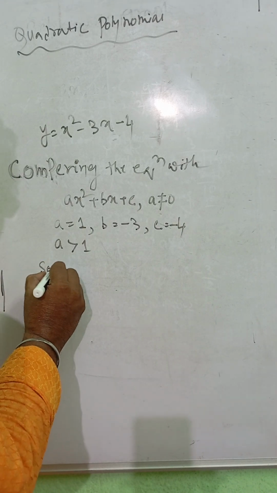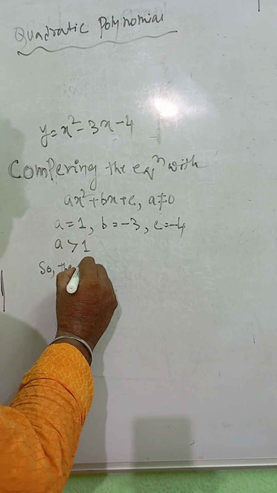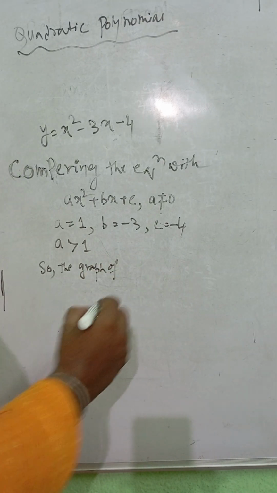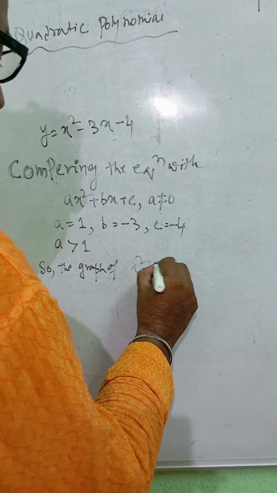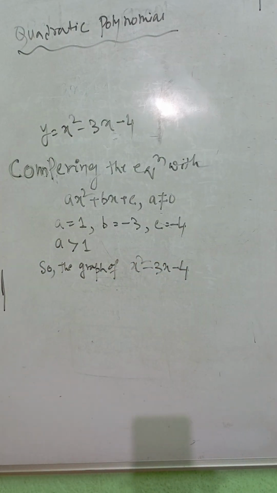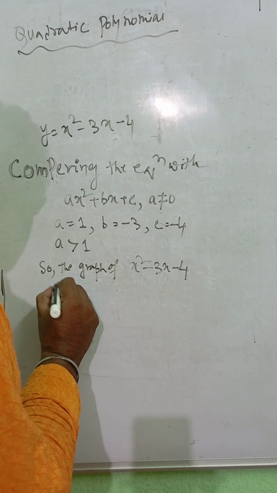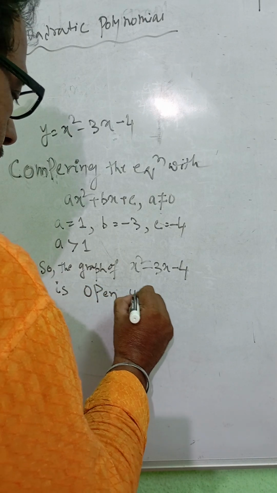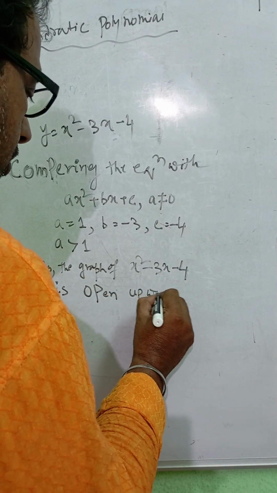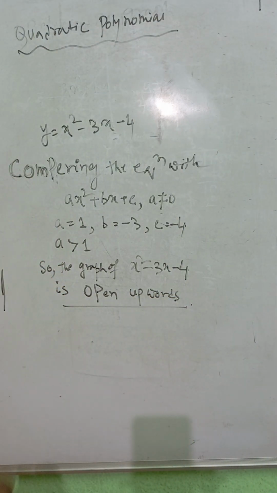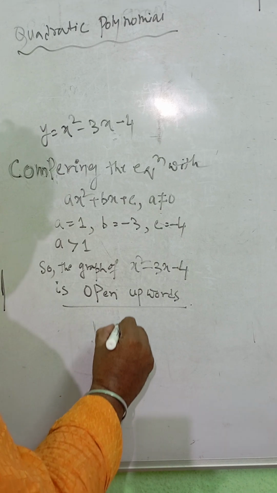So the graph of x square minus 3x minus 4 opens upwards, and the graph is like that.